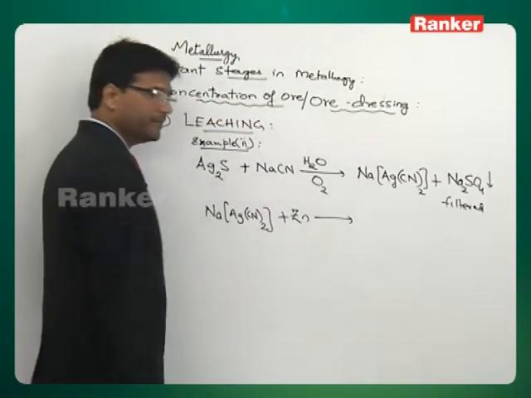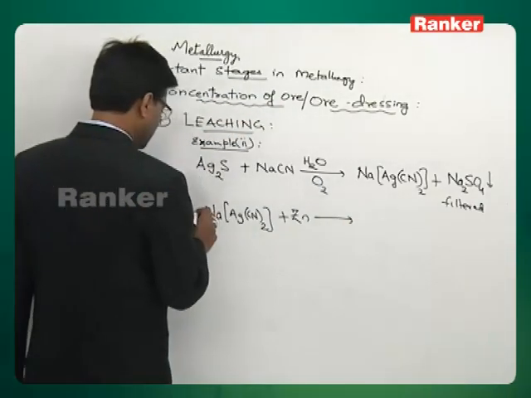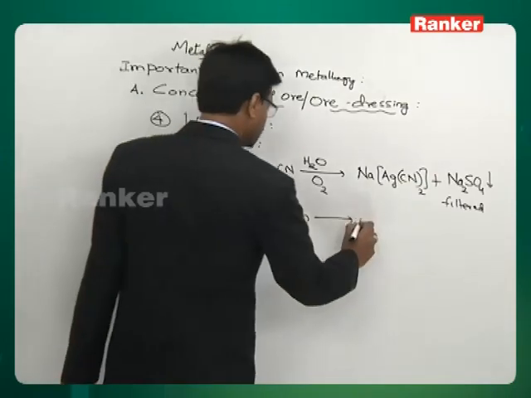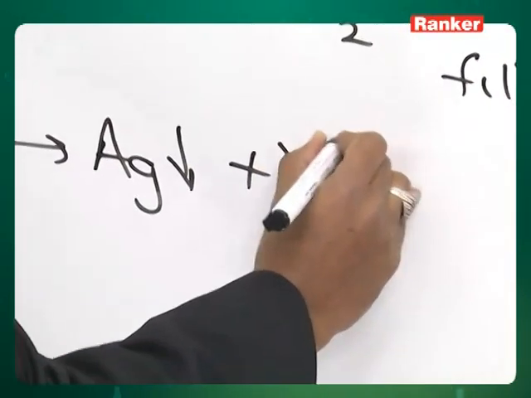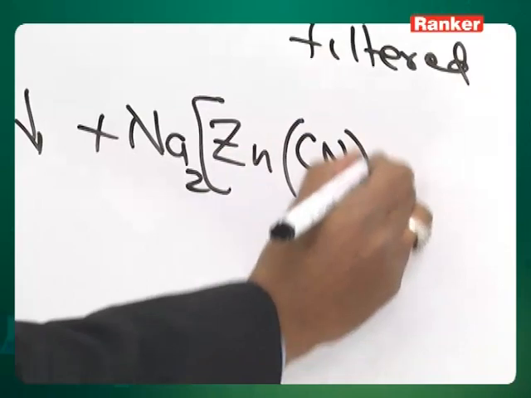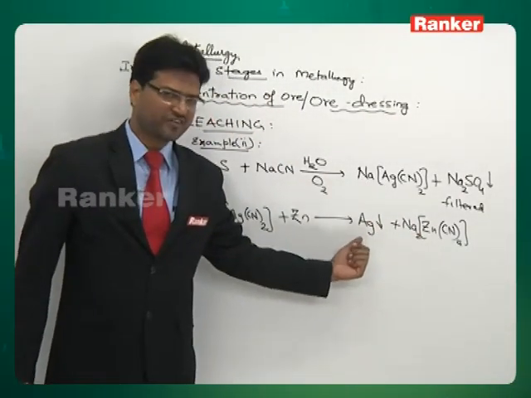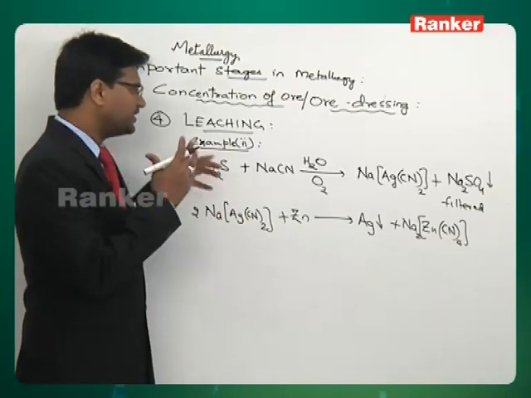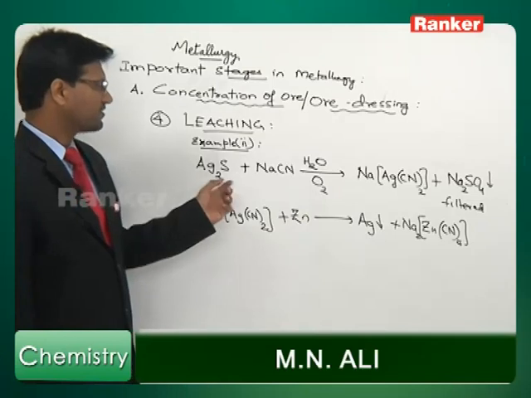This will bring about a metal displacement reaction. Zinc goes in and silver comes out. You get Ag plus Na2[Zn(CN)4]. This is a soluble complex, so this can be removed by filtration. So this is another application of leaching process where ore is concentrated.